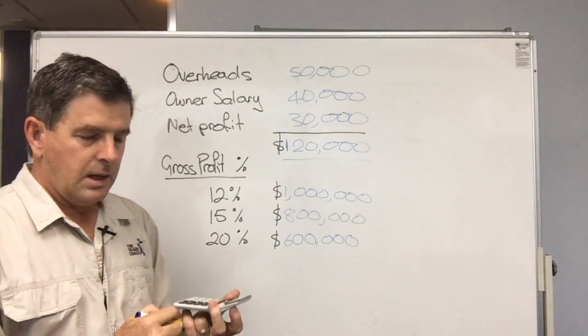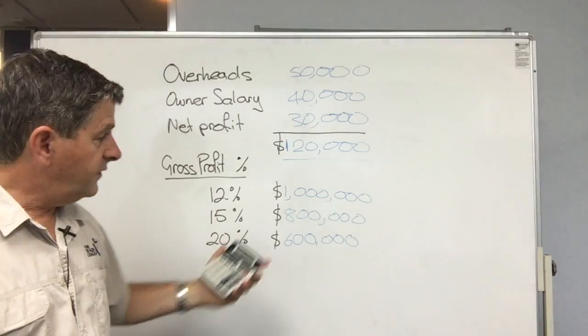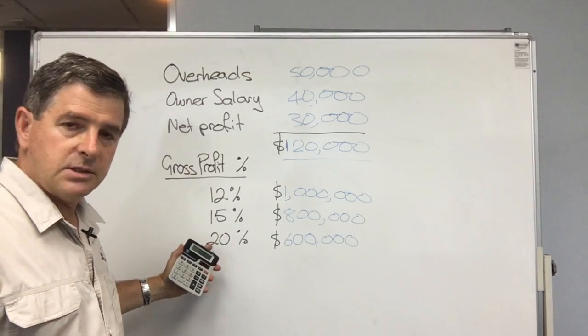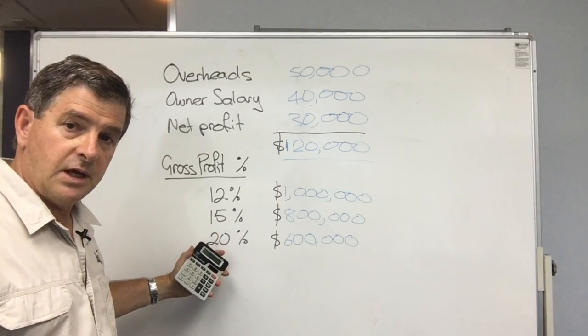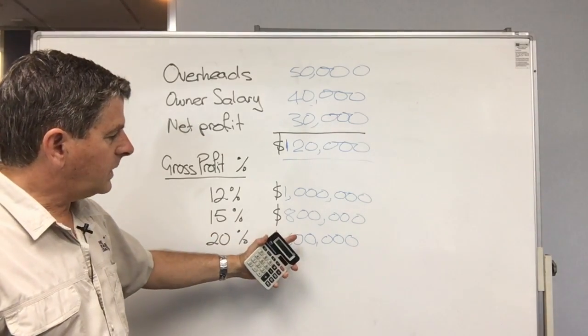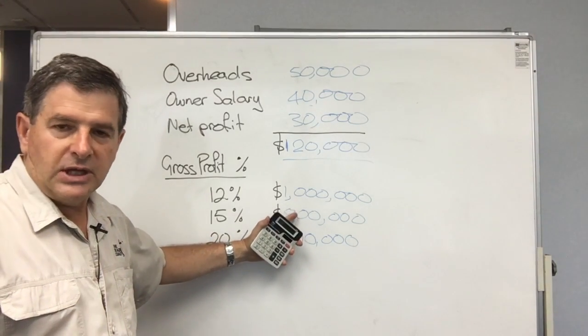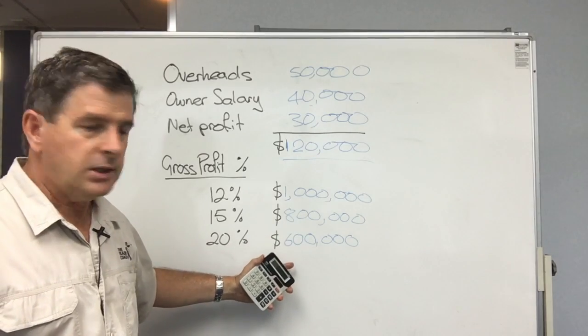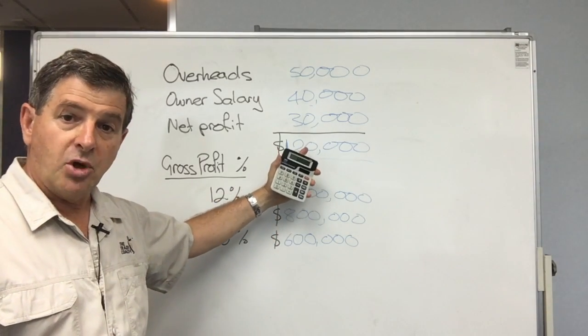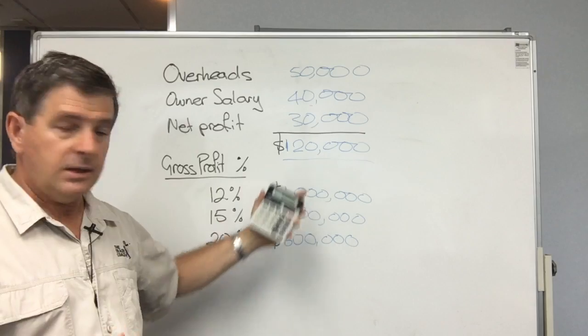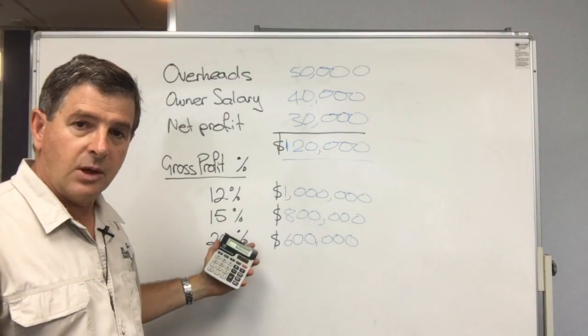Okay, and you've probably seen, obviously, that as the gross profit figure increases, you can get away with doing less work to achieve the same gross profit figure. Again, that's why this is so important.